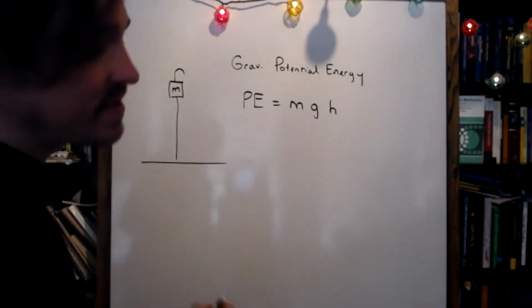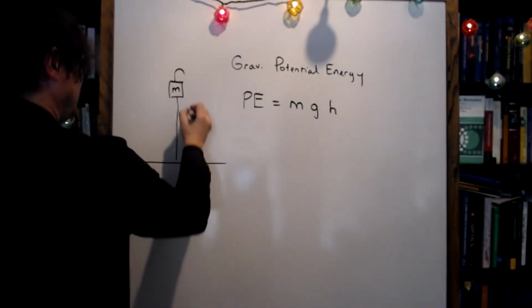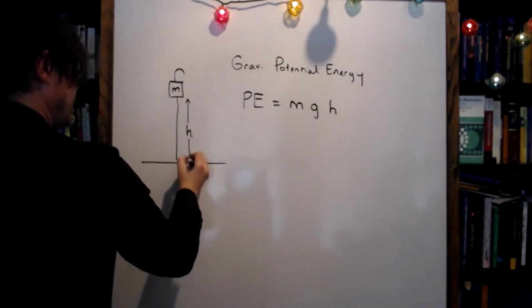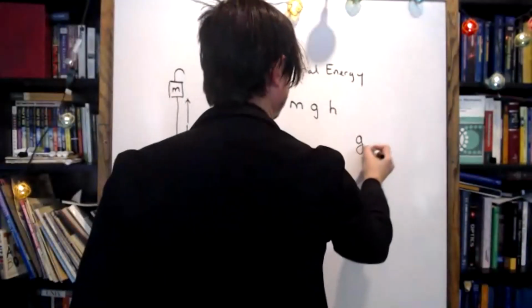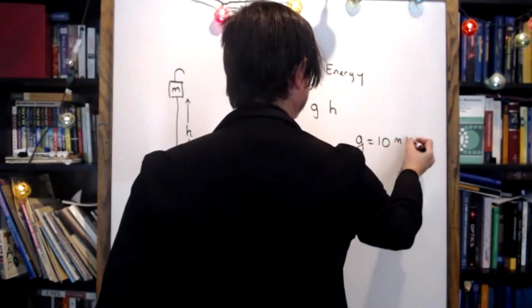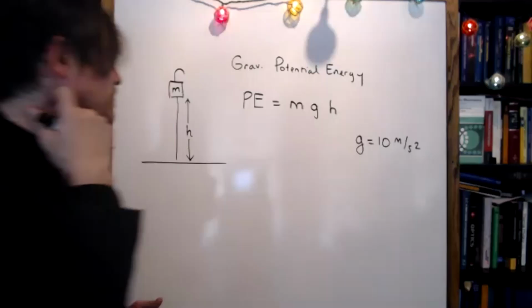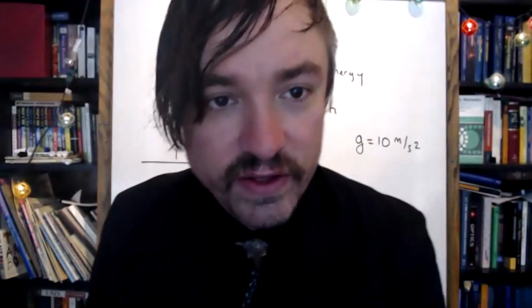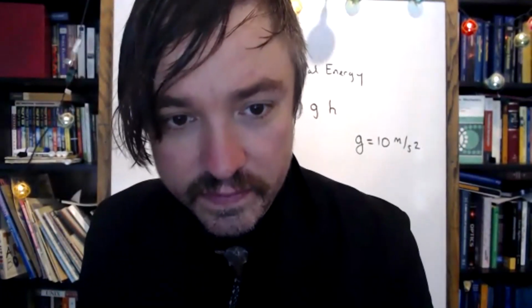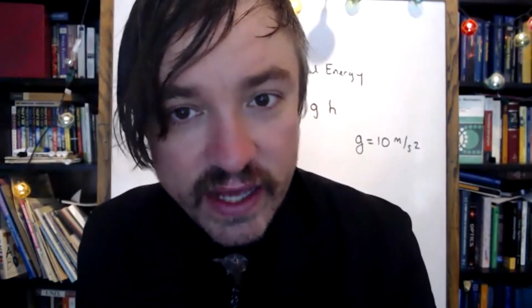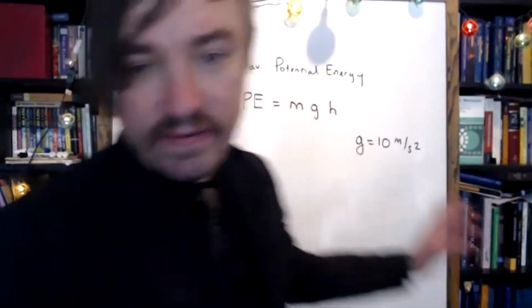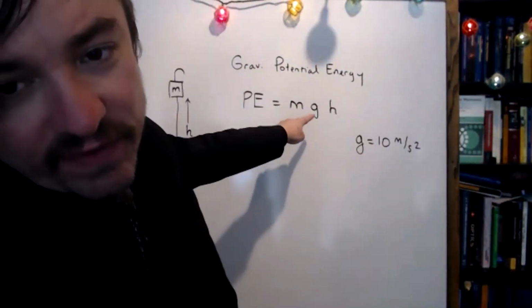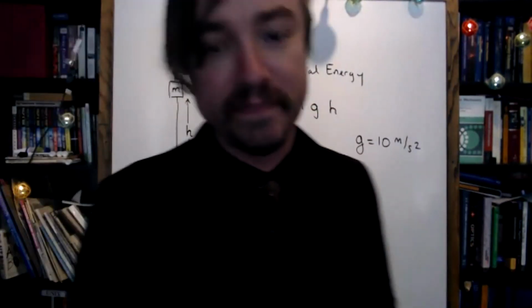M is the mass, h is the height that you've lifted it up, and g, of course, is the local acceleration of Earth's gravity, 10 meters per second squared, which is roughly the same value as long as you stay on planet Earth. One can also define potential energy in other places in the universe, and it follows a similar formula, but we have to expand upon what we mean by g.